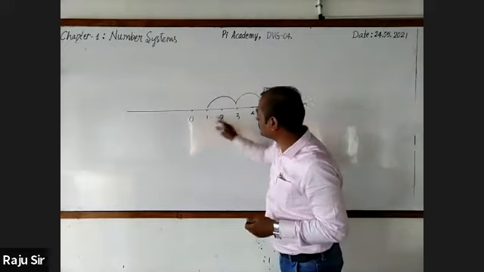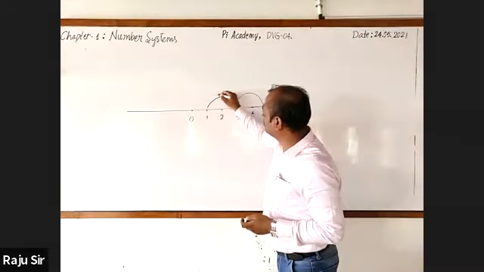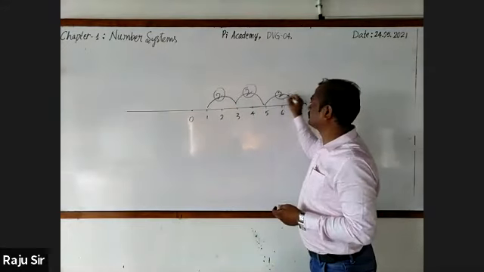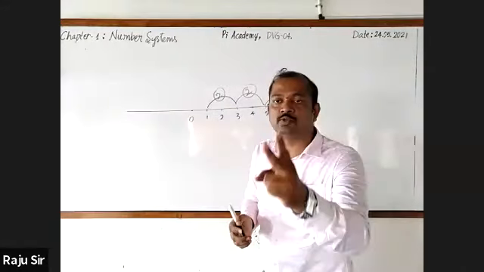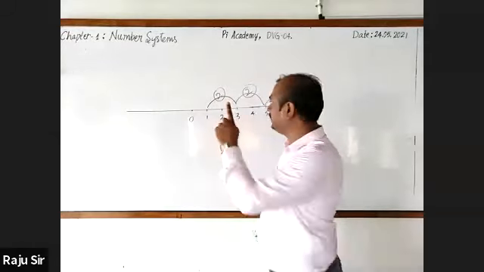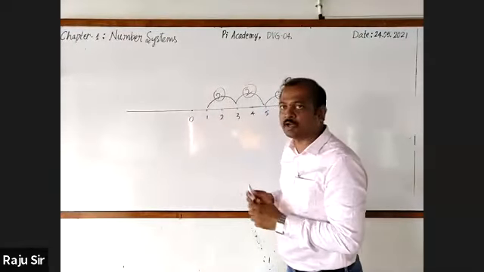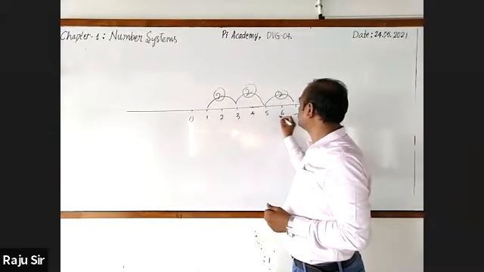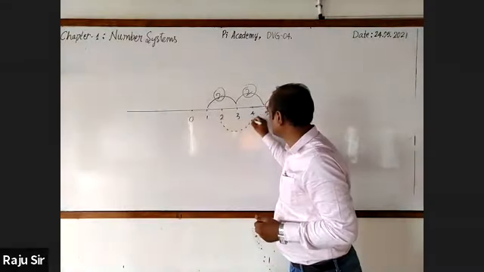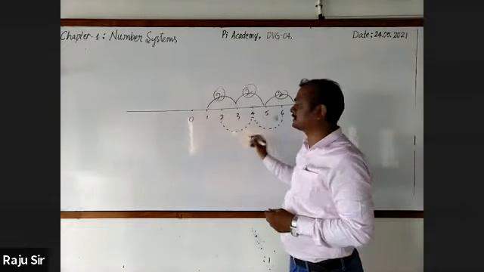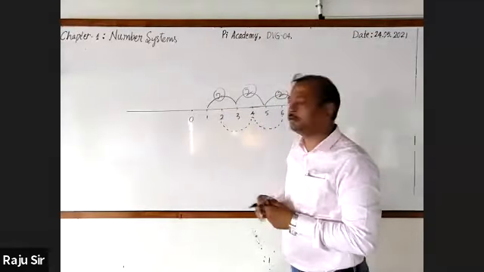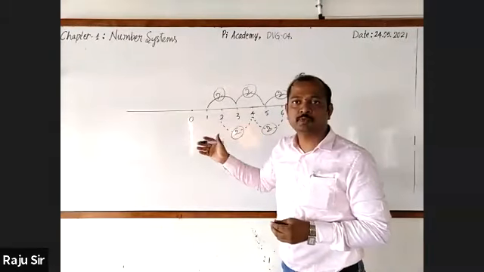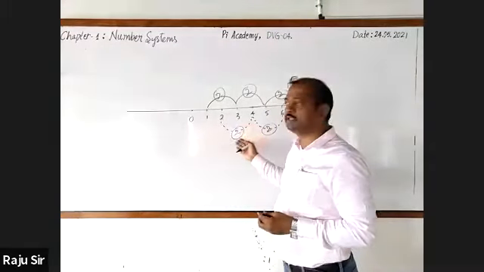Observe the difference of odd numbers. The difference is 2. The difference between any two consecutive odd numbers will be 2. Let us come to even numbers. Here 2, 4, and 6 are there. The difference between any two consecutive even numbers is also 2.